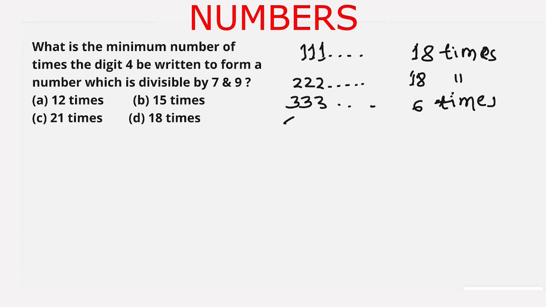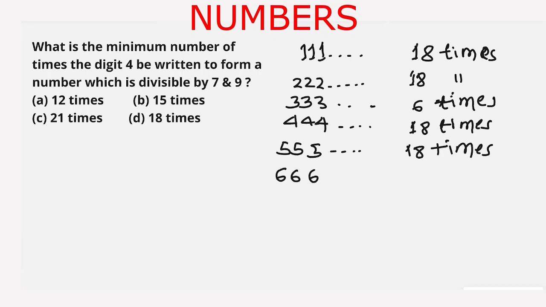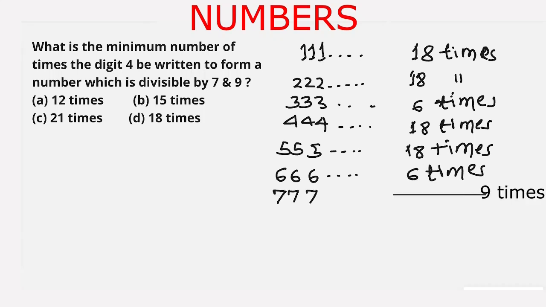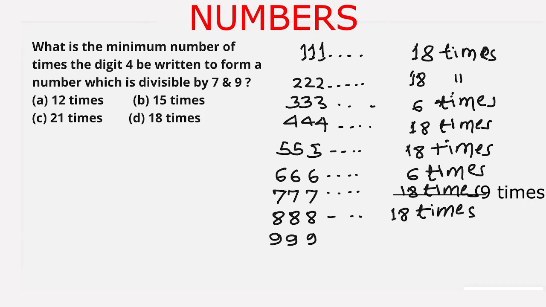It should be written 18 times. 5, 5, 5 is again 18 times, and 6, 6, 6 is written 6 times to make it divisible by 7 and 9. And 7, 7, 7 is again 18 times. 8, 8, 8 is also 18 times, and 9, 9, 9 is 6 times.